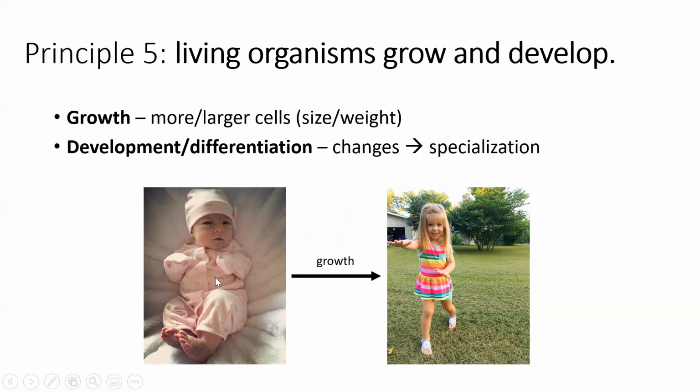That zygote then differentiated, formed an embryo, which then formed a fetus, and then this baby. This baby was born, and then through nourishment, the baby continues to change and grow. And this is what you have right here, this beautiful little girl.